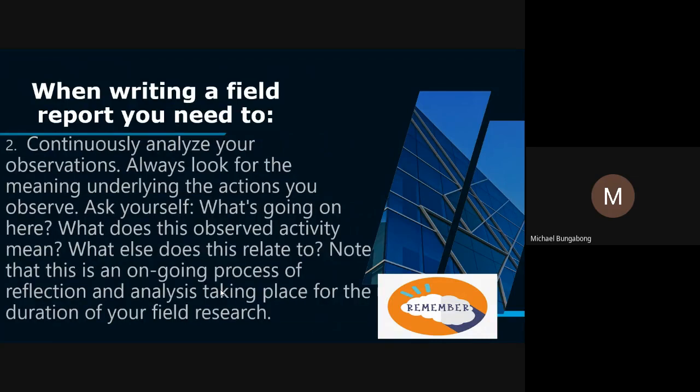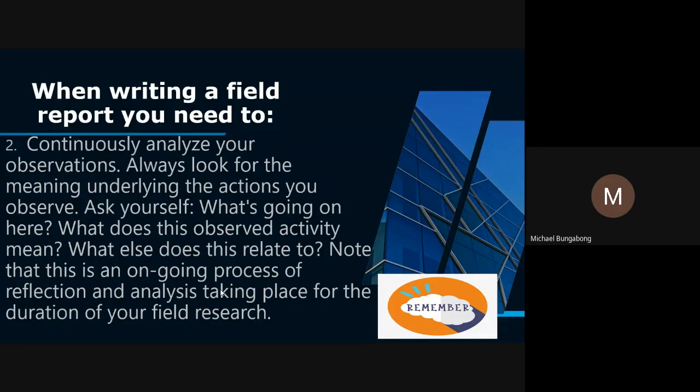Number two, continuously analyze your observation. Always look for the meaning underlying the actions of your observed. Okay, you have to make sure you continuously analyze each gesture or whatever observation that you find in a certain thing or in a certain behavior. Always look for the meaning underlying it.